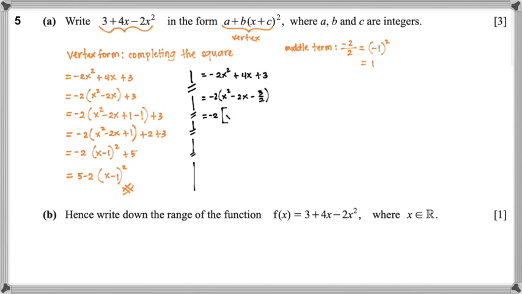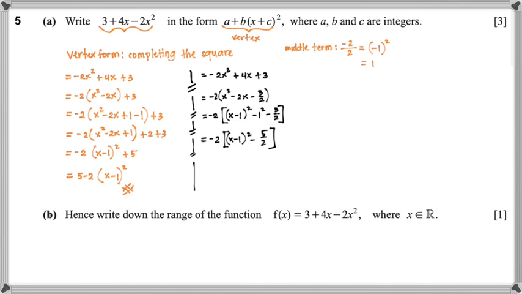Okay, so from here, we can get x minus 1 squared, because of the middle term, minus 1 squared, alright, minus 3 over 2. So in this case, we're applying the middle term, and then we'll get negative 2 times the perfect square x minus 1 squared minus 5 over 2.